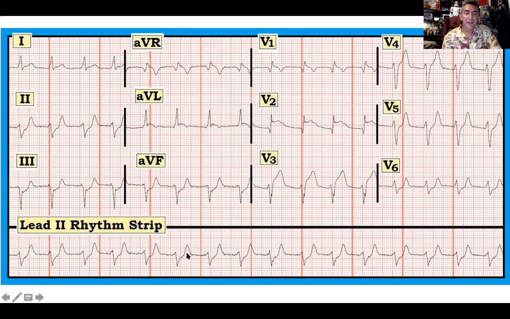But for your homework, for the lab itself, focus on lead 2 on the left side, and that extension of lead 2, which is that 10-second rhythm strip down below.